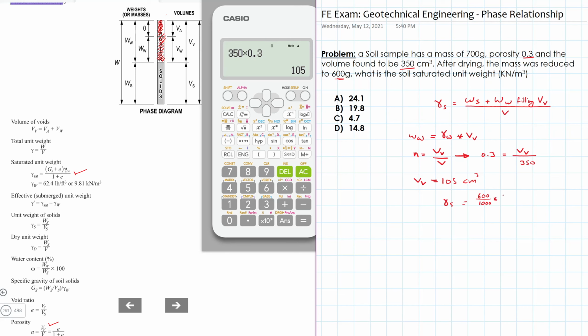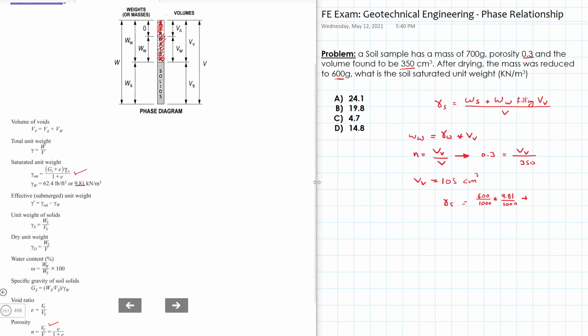Then we multiply it by 9.81 to make it in the units of Newton, and we divide it by 1000 to convert it to the unit of kilonewton, plus the weight of the water filling the volume of voids, which is the unit weight of water. We have it here as 9.81 kilonewton per cubic meter.